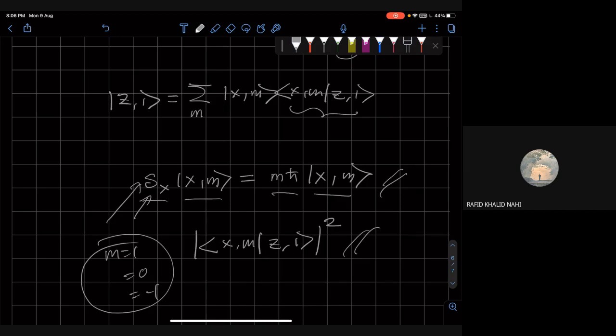So what are the eigenvalues of Fz? 1, 0 and -1, for h, minus h, and plus h. So what will be the expectation value of the first thing in the Z basis? Sz will be either h, or minus h, or 0. So what would be the product of these 3 factors then?